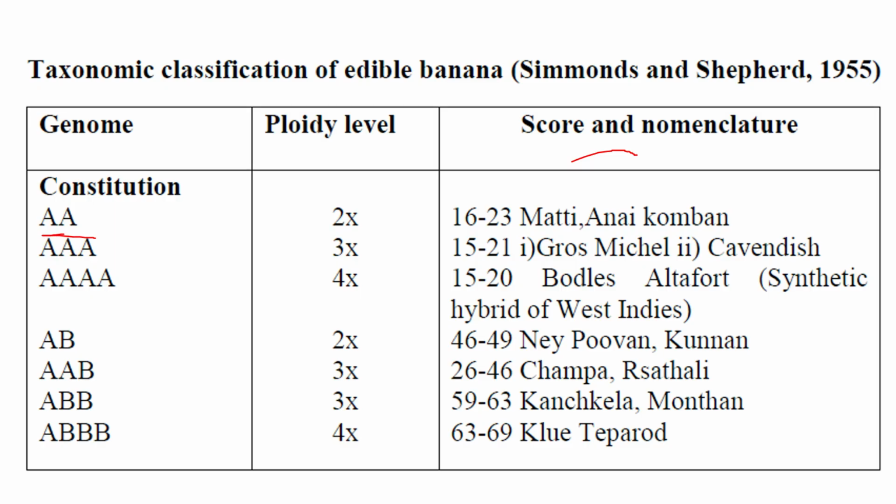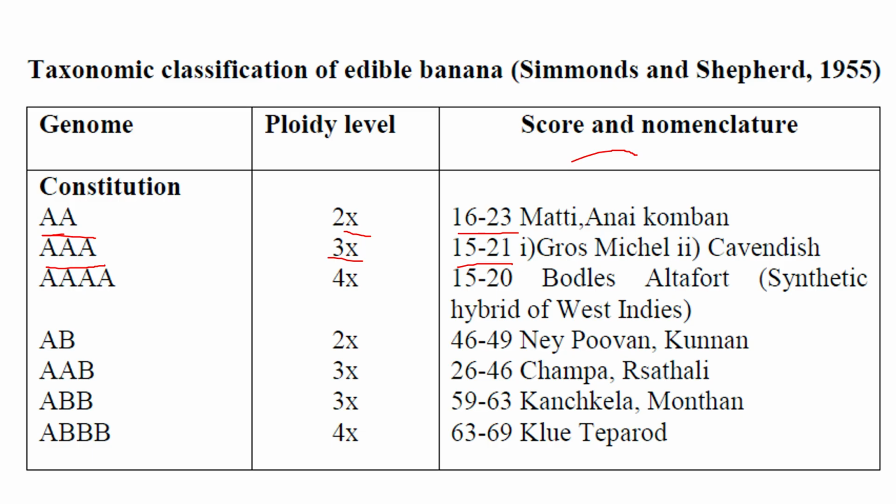So AA, that is ploidy level 2x. The score will be 16 to 23. Examples, Matti and Anaikomban. Then AAA, that is ploidy 3x, 15 to 21 will be the score, and the bananas coming in this group are Gros Michel and Cavendish.